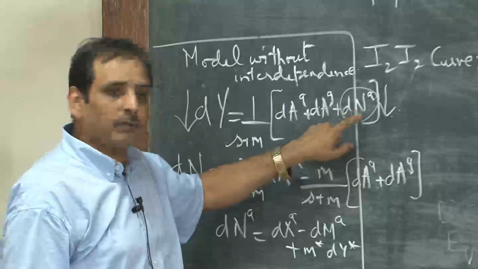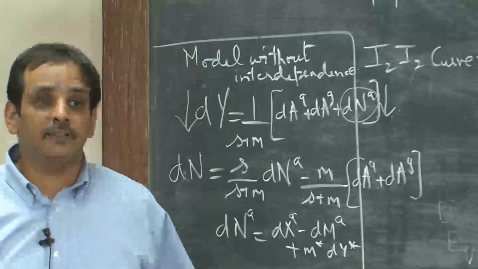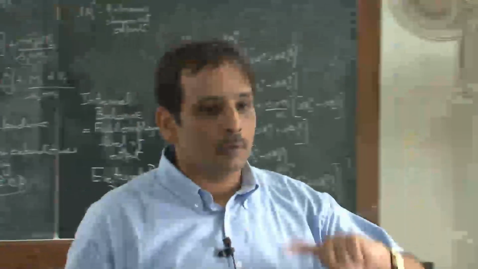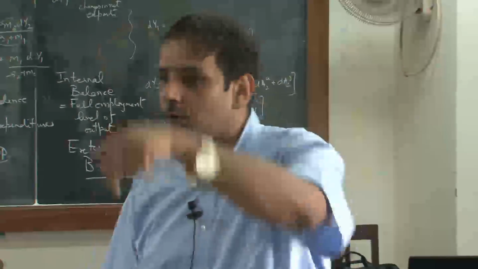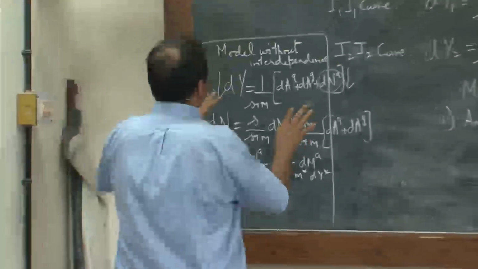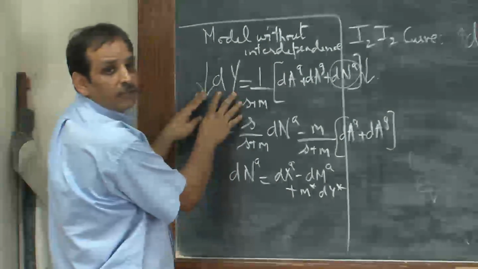And how is this possible? How can the DNA term go down? If there is a switch in expenditure from home to foreign goods, then only the DNA term would go down. So when this goes down, he feels relieved that at least he has taken care of the changes in income.